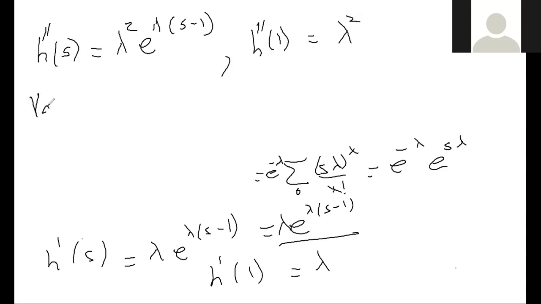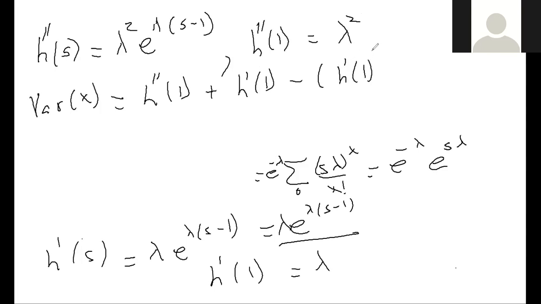So we define the variance of a random variable using the probability generating function as the second derivative at 1 plus the first derivative at 1 minus the first derivative at 1 squared.